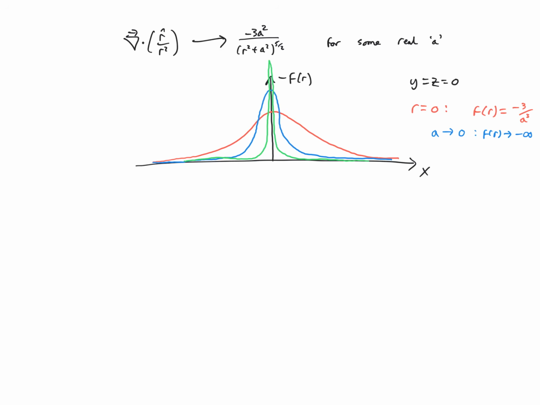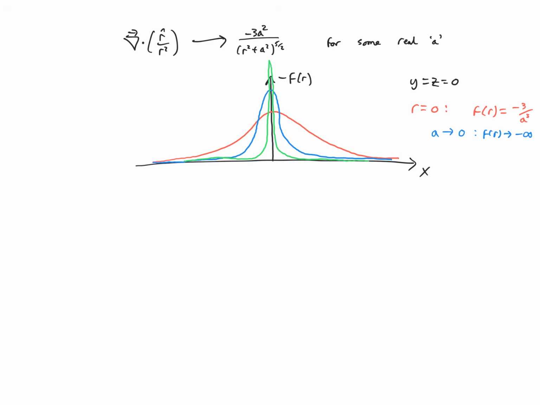As we make a smaller, the distribution becomes narrower and narrower around r equals 0, and becomes higher and higher. There's one other property of the delta distribution that we need, which is that when you integrate it, it integrates to 1. So we need to check that that actually is a property of this function.